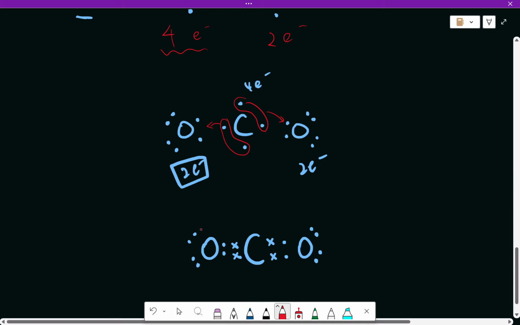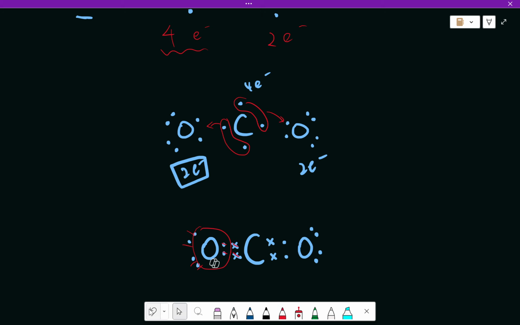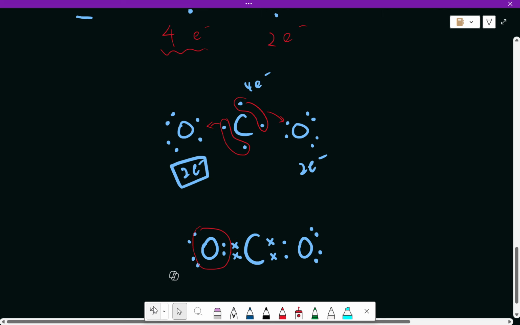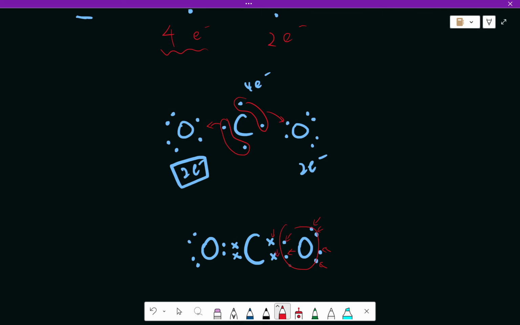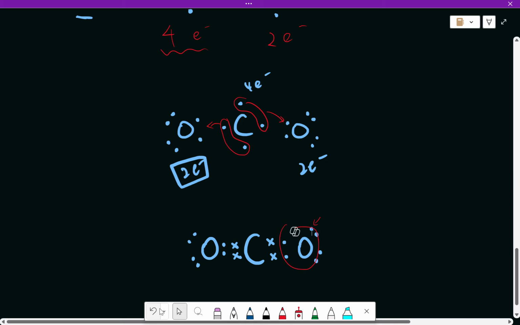Therefore, in this oxygen's valence shell, it has 1, 2, 3, 4, 5, 6, 7, 8. It has 8 electrons as desired. And on this side, it also has 1, 2, 3, 4, 5, 6, 7, 8 electrons in its valence shell.